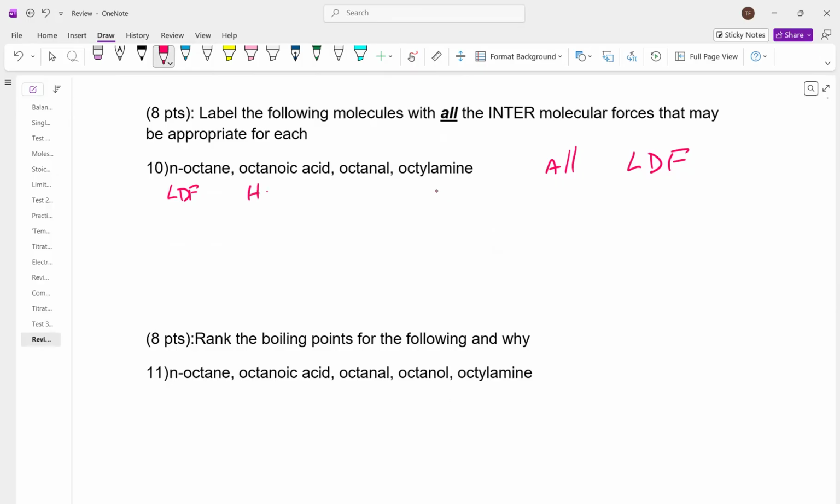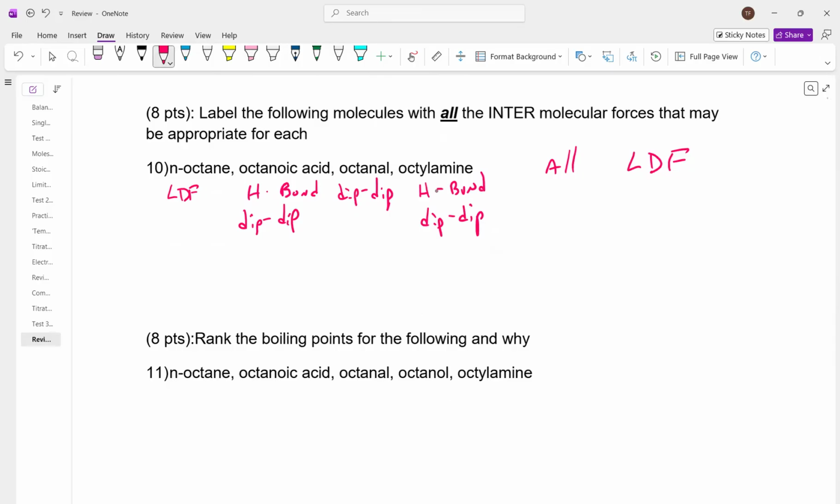This one has hydrogen bonding, dipole, and LDF. This one has dipole, and this one has hydrogen bonding, dipole, and LDF.